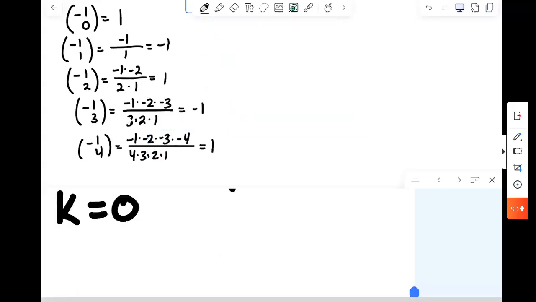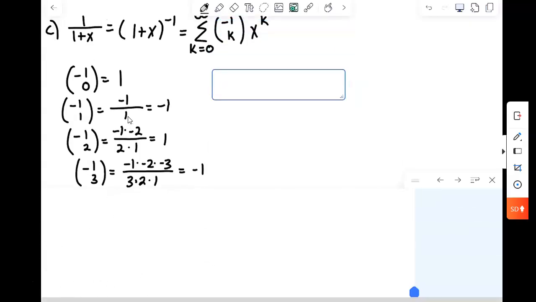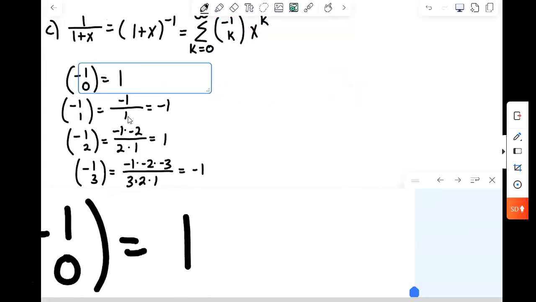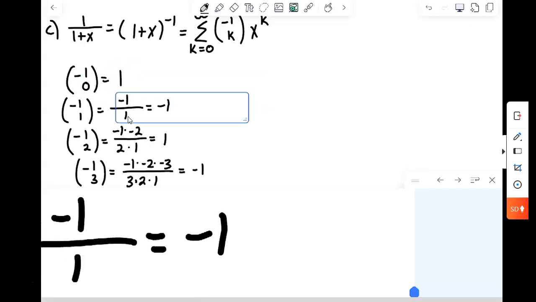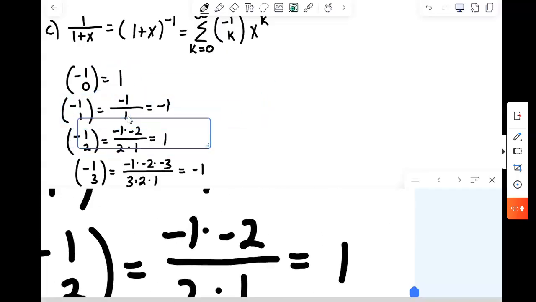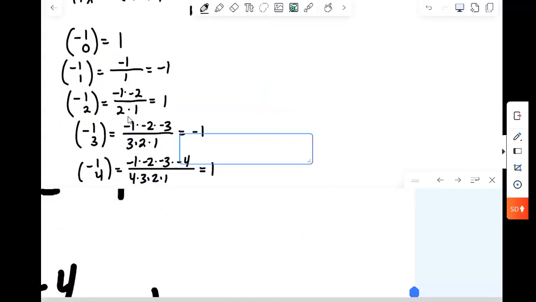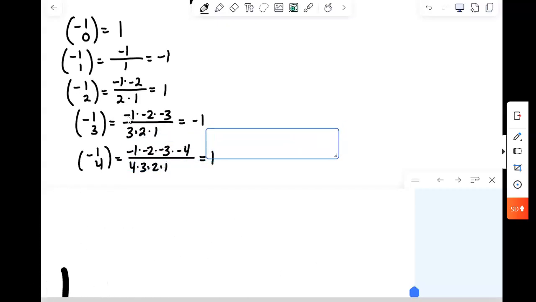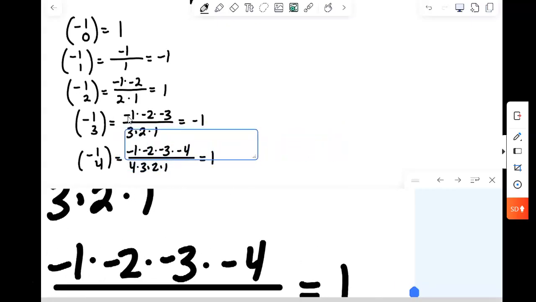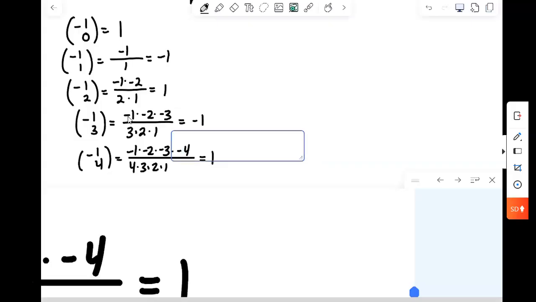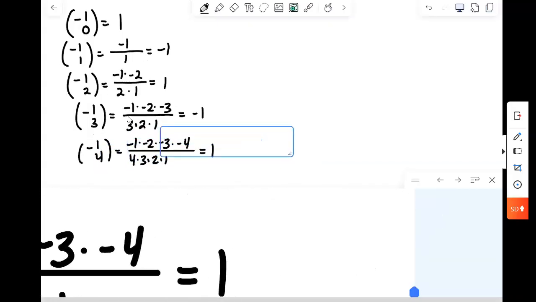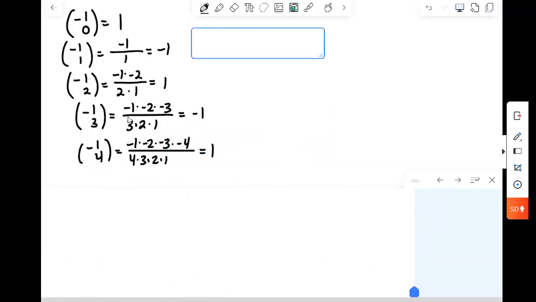So hopefully you start to see that there's a pattern here. On the 0 term, it was 1. First term, minus 1. Next term, positive 1. Then minus 1, then positive 1. And the next time, you're going to have 5 negatives on top, and those things will cancel exactly with all the things on the bottom. We'll be back to a negative 1.